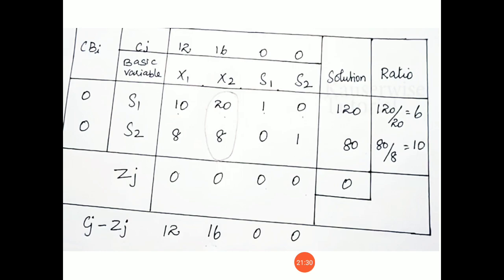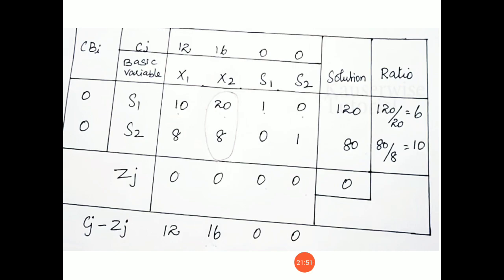Similarly, for the second element of the ratio column, the solution is 80 and the corresponding element of the key column is 8. So 80 divided by 8 is 10. So the ratios that I have obtained are 6 and 10.